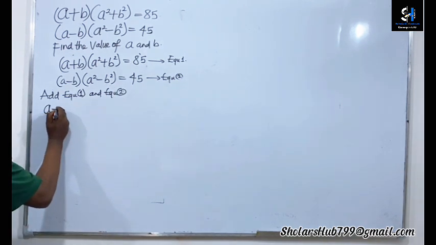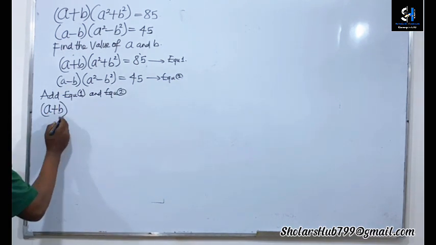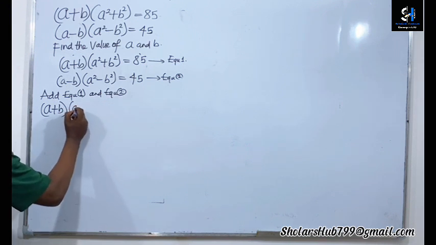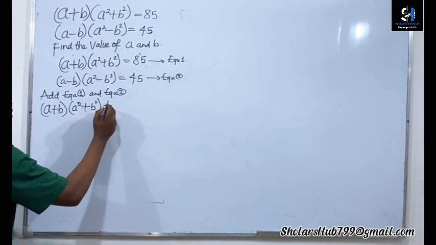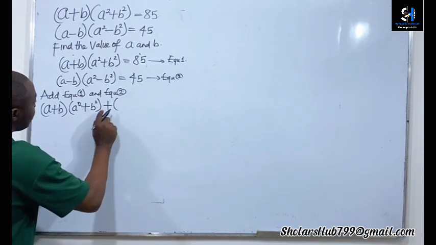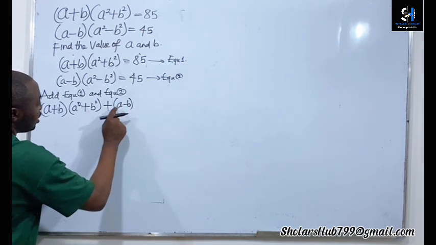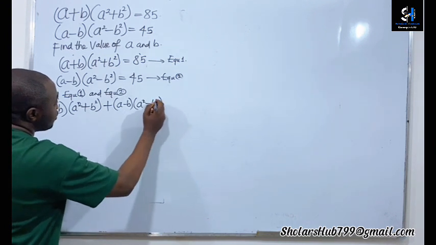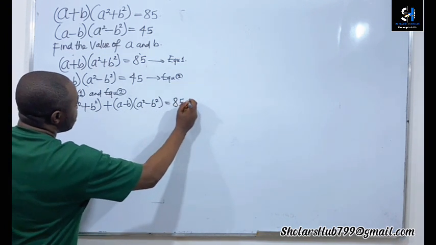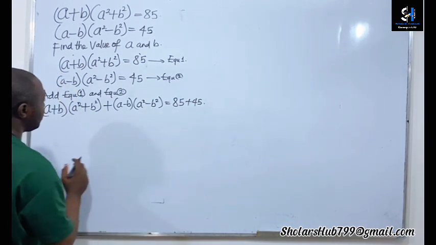And that will be, from equation 1, we have (a + b) multiplied by (a² + b²), plus (a − b) multiplied by (a² − b²) equals 85 + 45.